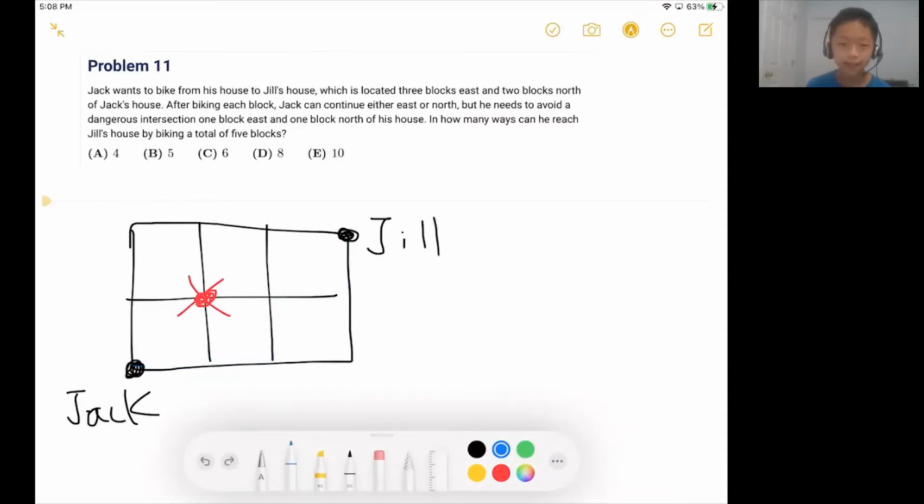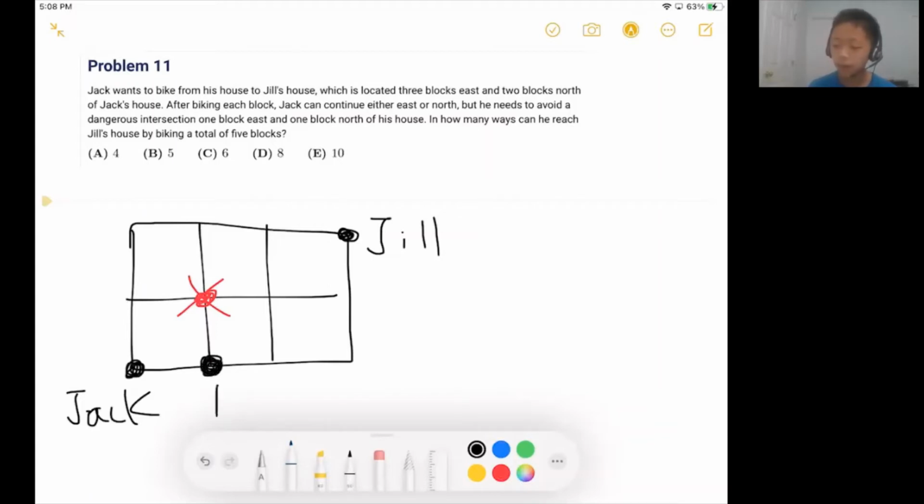So the idea for this problem is to use a common idea for grid walking problems, which is to look at each case separately. How many ways are there for Jack to get to this point?